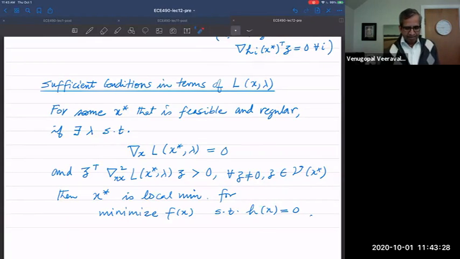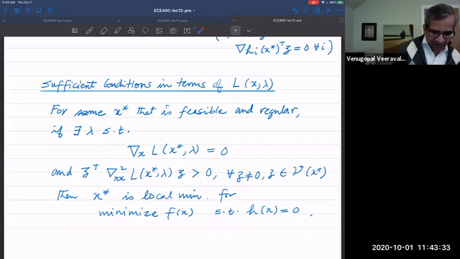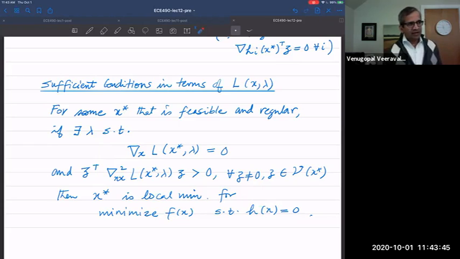Okay. So we can use these equations to solve some simple constrained optimization problems. Just like in your calculus class, you used derivatives to get solutions to some simple optimization problems.